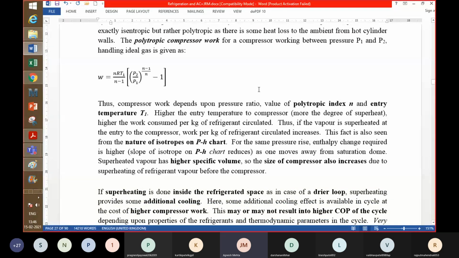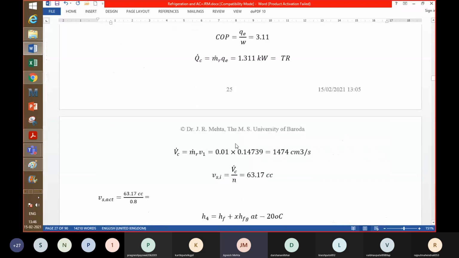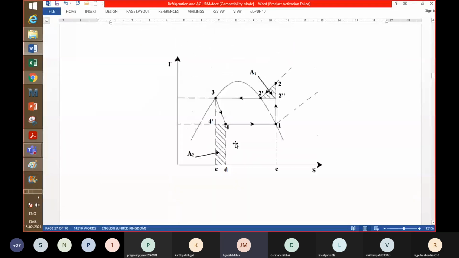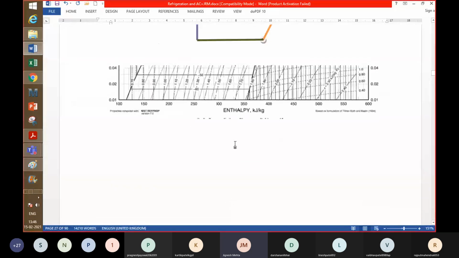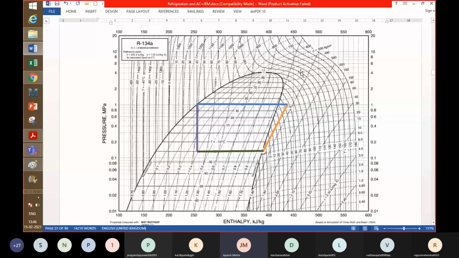This fact is also seen from the nature of the isentropes on the pH chart. Right. So what we are trying to say here is, if you have a look at this, you have already noticed that these lines are diverging, right?